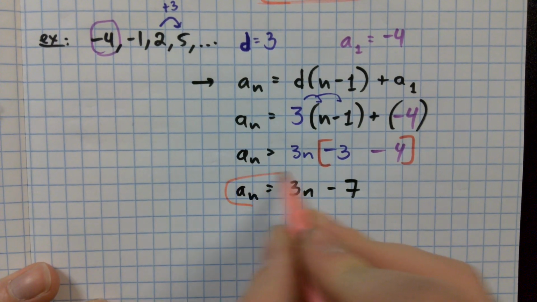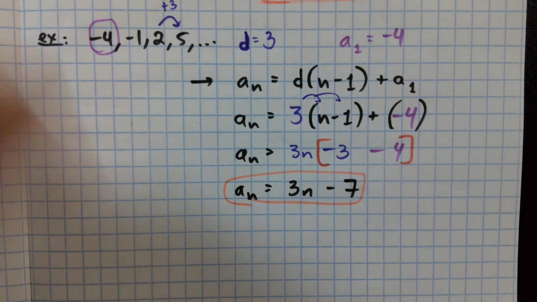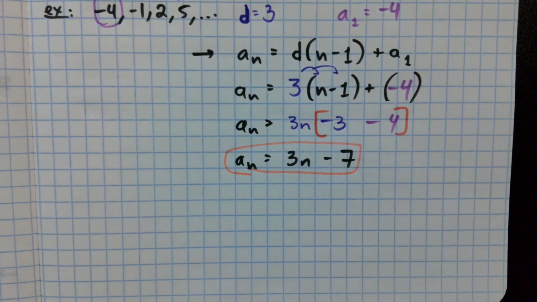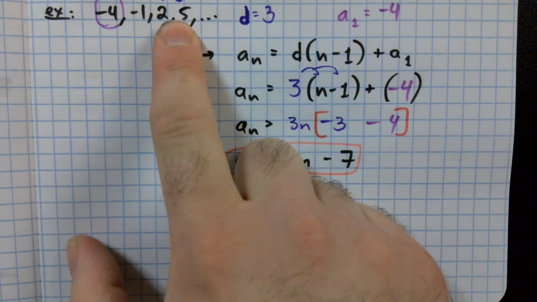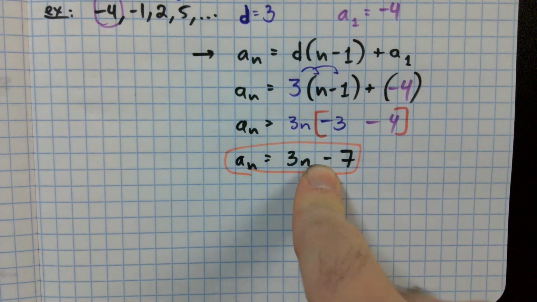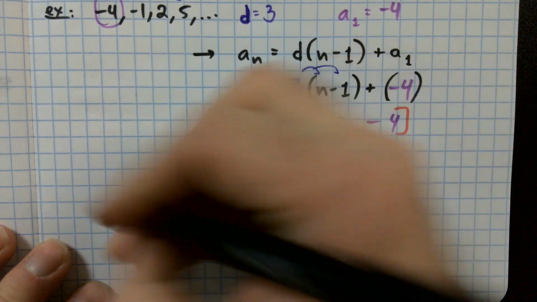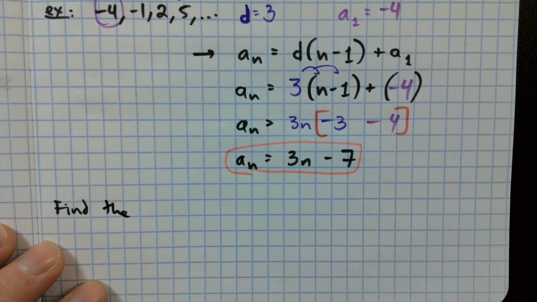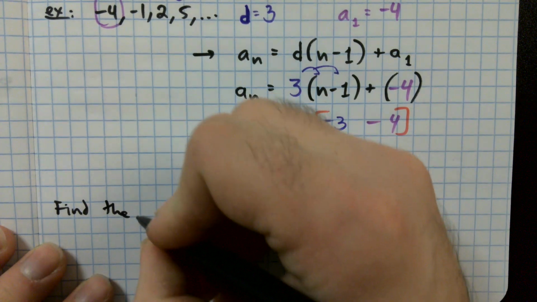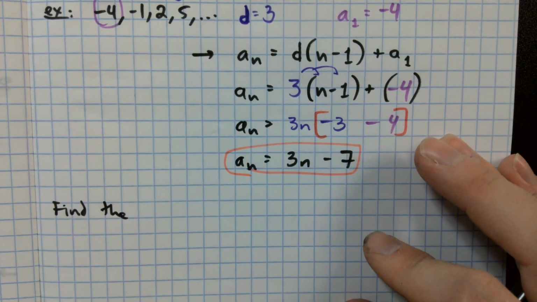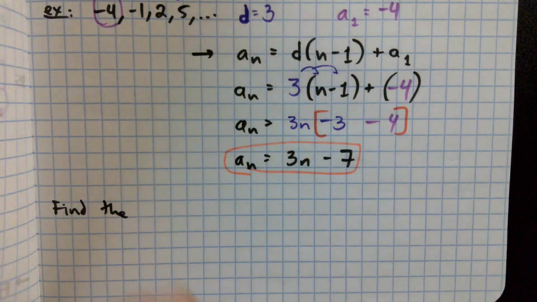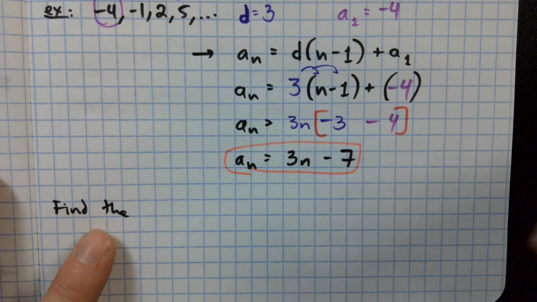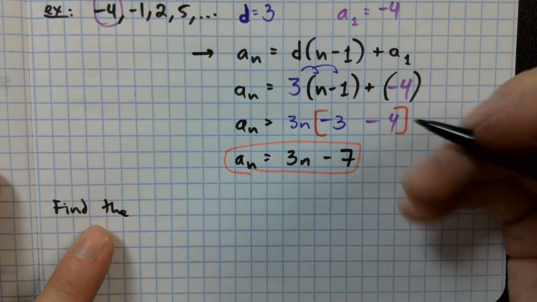Right? It's just like y equals mx plus b, just with different letters. So this arithmetic sequence can be represented by this equation. If I then wanted to find the... Judah, give me a number between 10 and 20. 13. Okay.